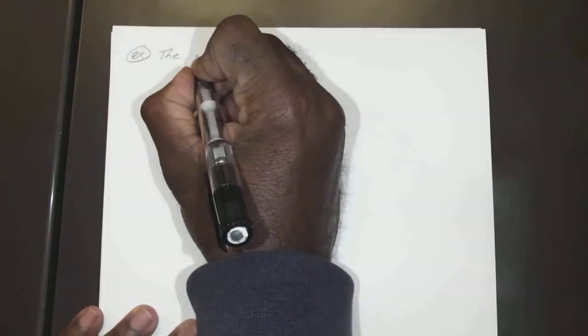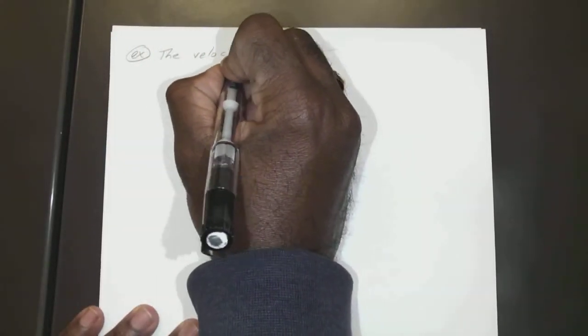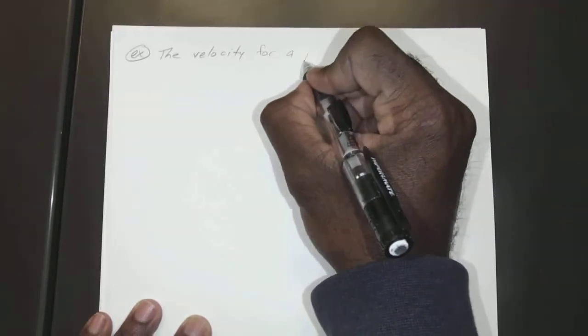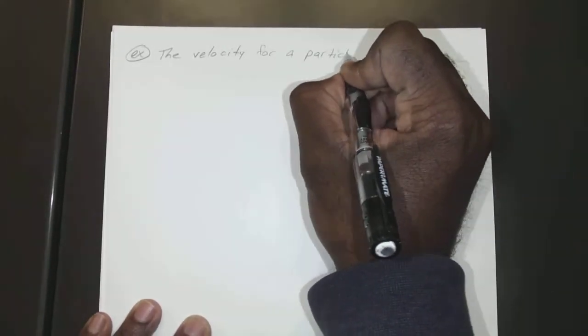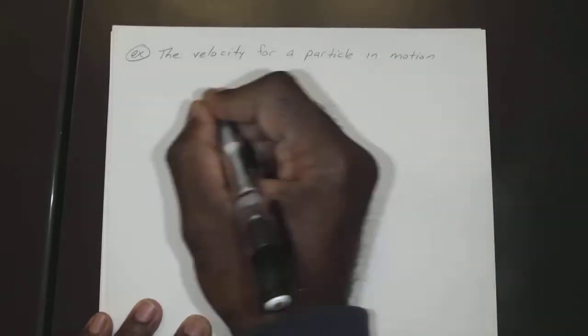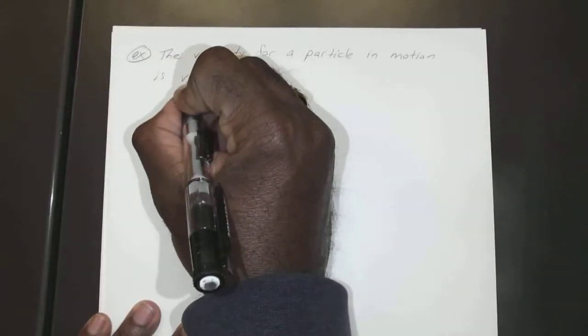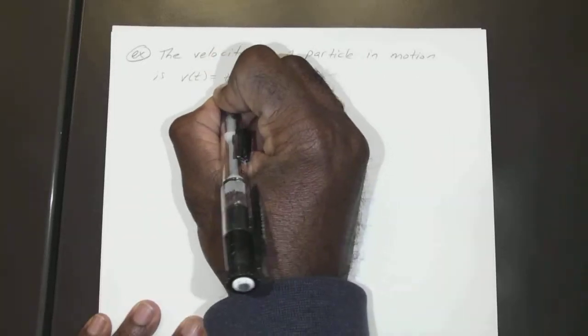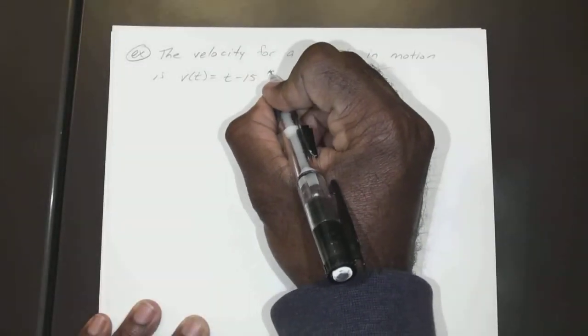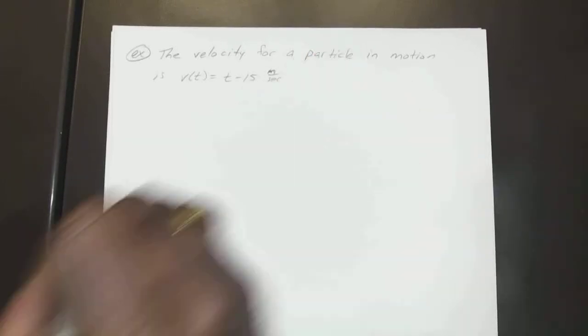Okay, so the velocity for a particle in motion is v of t equals t minus 15 meters per second.